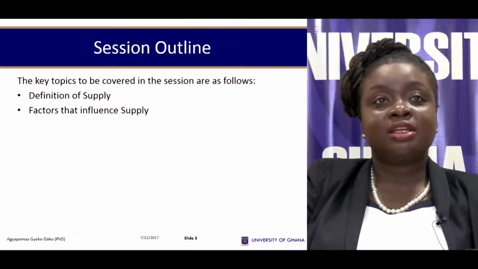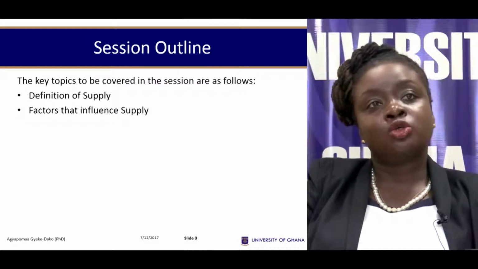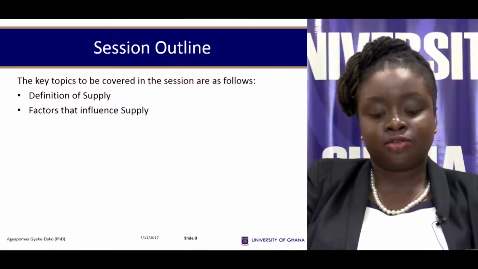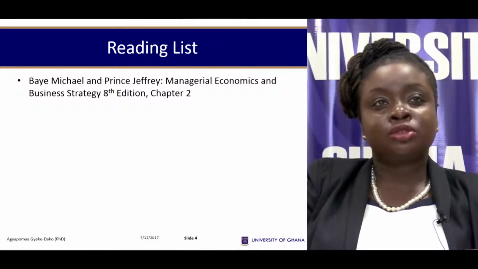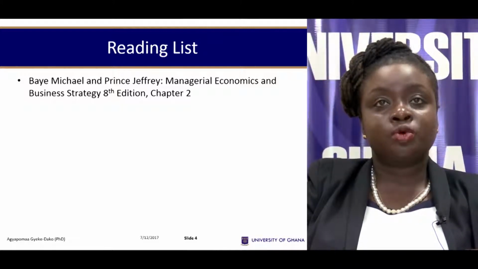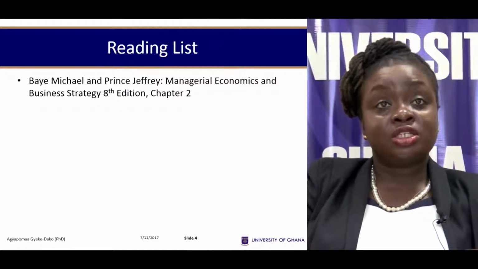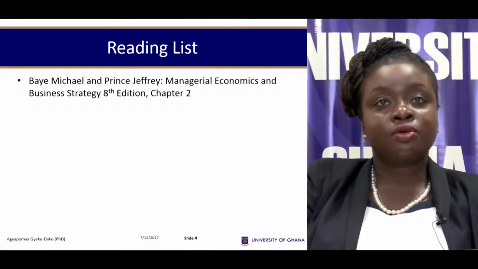What are we going to be doing here? We are going to be looking at the definition of supply and also look at the factors that influence the supply of your product. Remember to use Baye and Prince for this session as well. The title for this book is Managerial Economics and Business Strategy, the 8th edition preferably. If not, any other edition is useful.